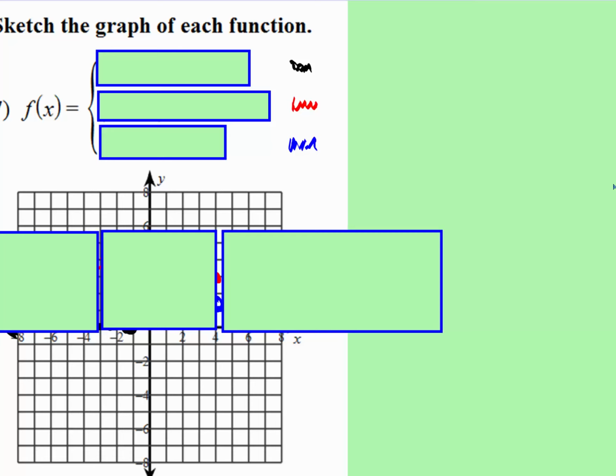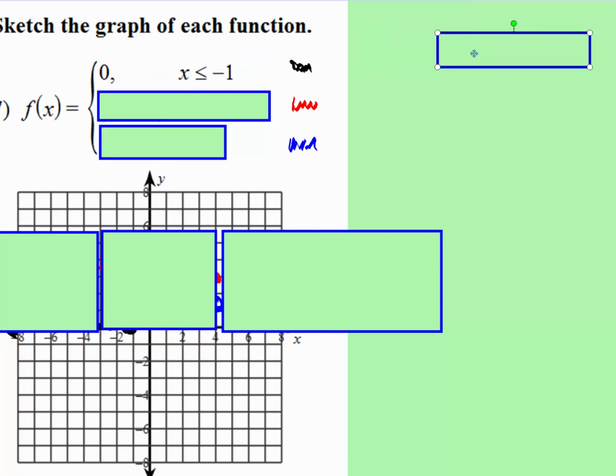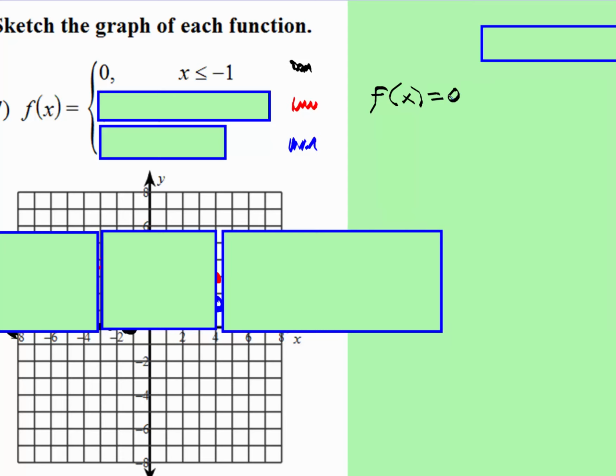All right, so I know that there are three pieces, and for some of you, using different colors of pencil or pen might be helpful. So notice this first function. This first function just says f of x is equal to 0. And remember the constant function, that f of x equal to a value is just a horizontal line at that value.